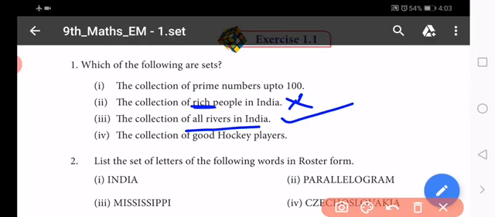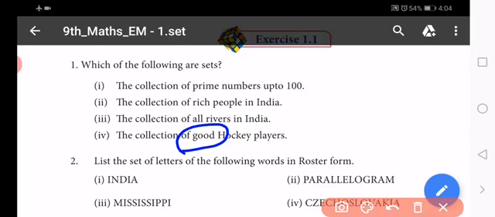And the fourth one, the collection of good hockey players. You know there are so many hockey players in India and other countries, but in this question, the collection of good hockey players, what is the criterion for good?